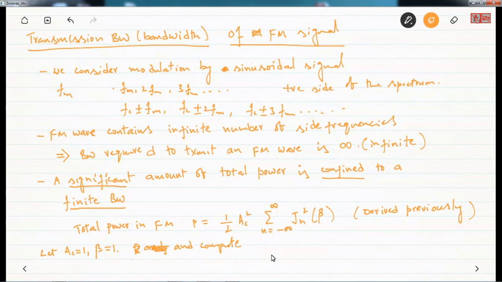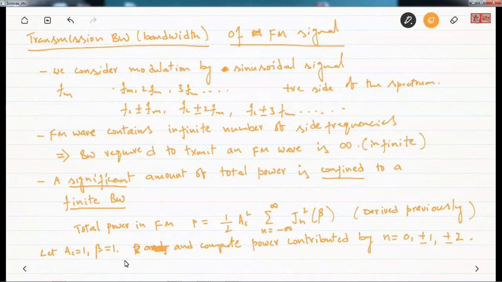Let Ac equal 1, beta equal 1, and compute the power contributed by n equals 0, n equals plus or minus 1, and n equals plus or minus 2.